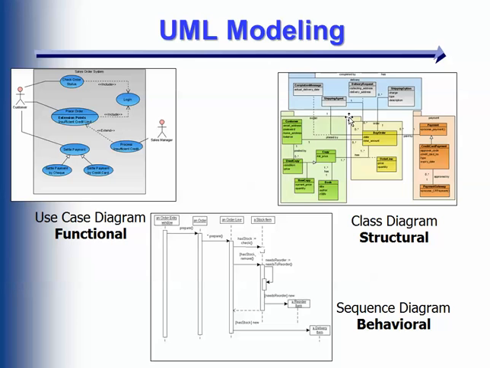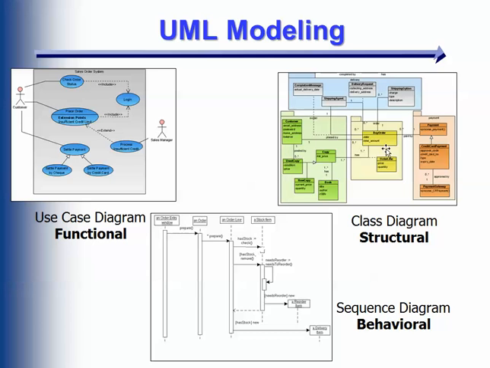These are different entities in the business environment that are going to have properties associated with them, and you're going to diagram those and show their relationships to one another. Each of those items in the business environment that you're describing is called a class. And so the abstract term for that is a structural diagram.